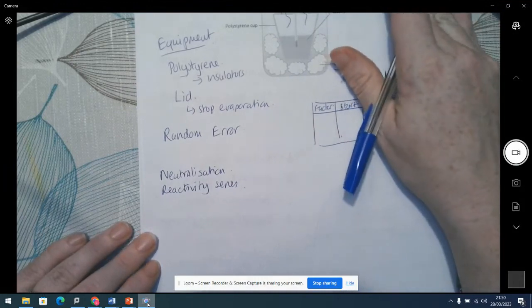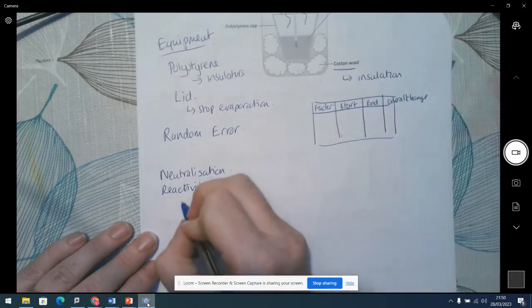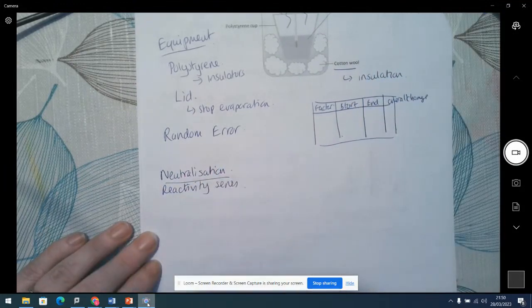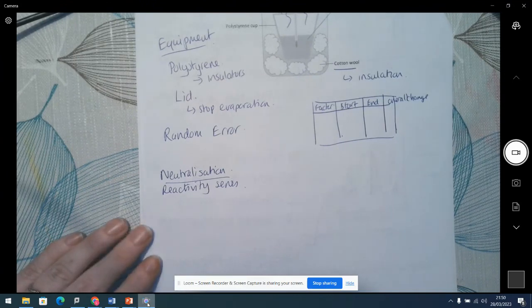So it just depends on what they're asking. I'm going to look at this from the example of a neutralization reaction, and we're investigating the effect different variables have on the amount of energy. So we might, for example, want to see how concentration of acid affects the amount of energy given out in the reaction.